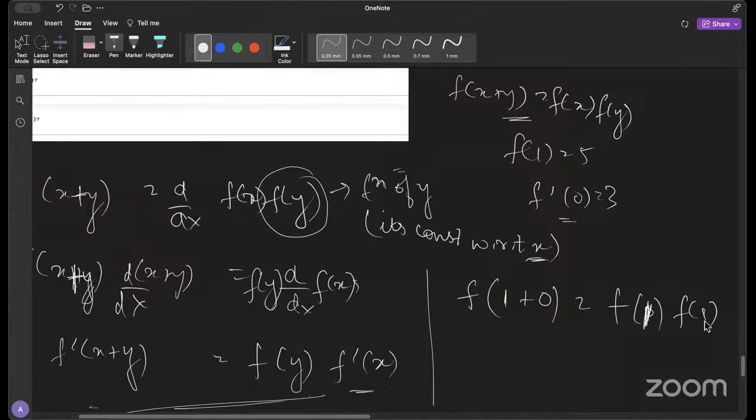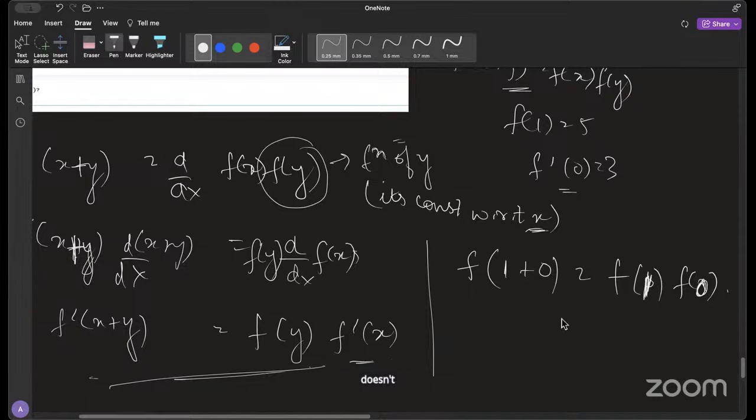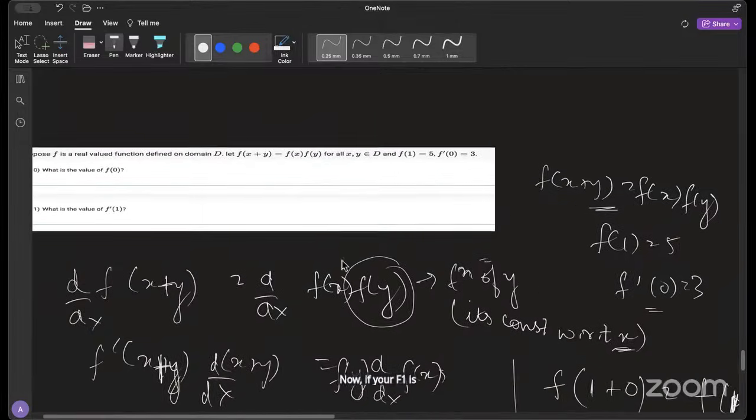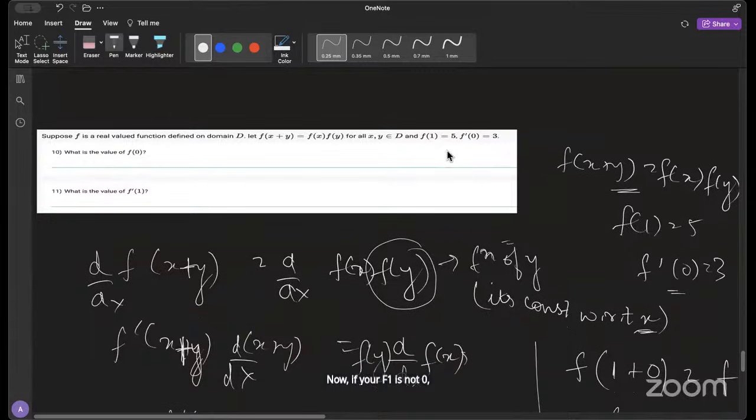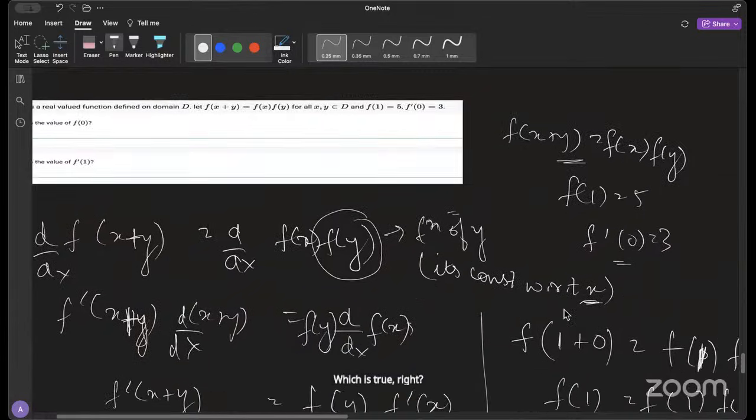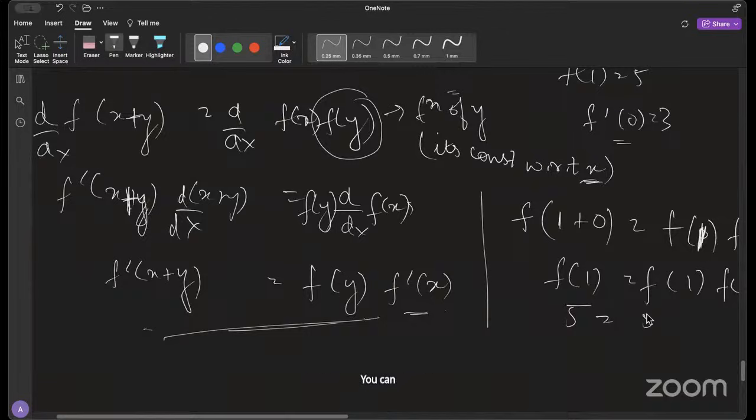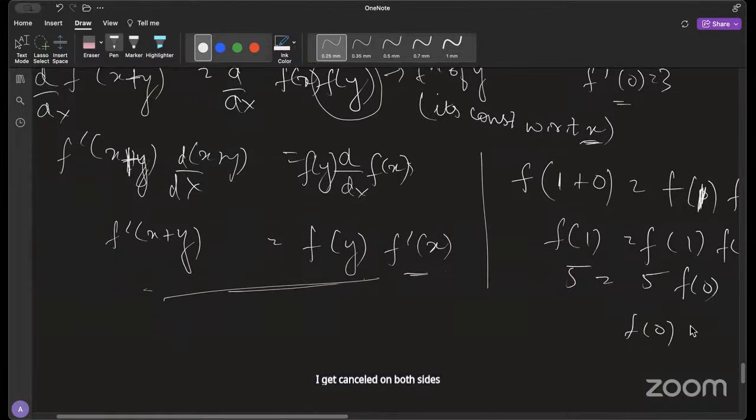And then f(1) equals f(1) and f(0). Now if your f(1) is not 0, which is true, your f(1) is 5. You can just directly write 5 here. 5 gets cancelled on both sides. That means your f(0) is 1. So the value of f(0) is 1.